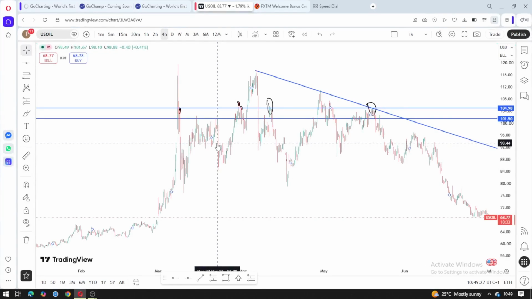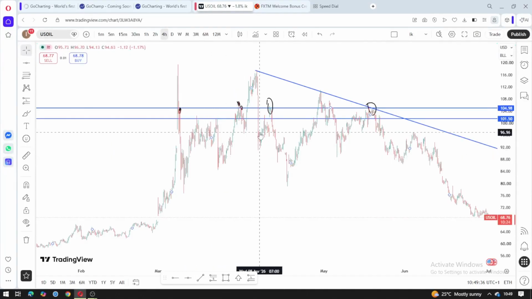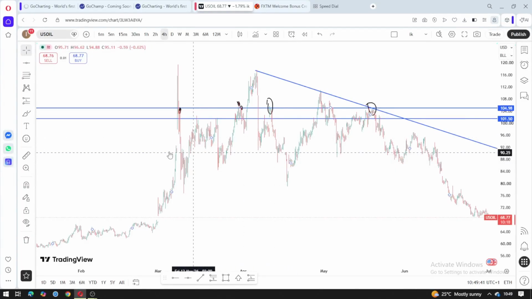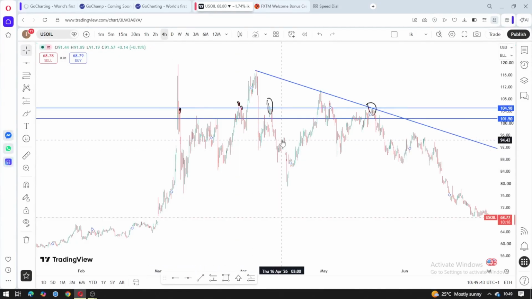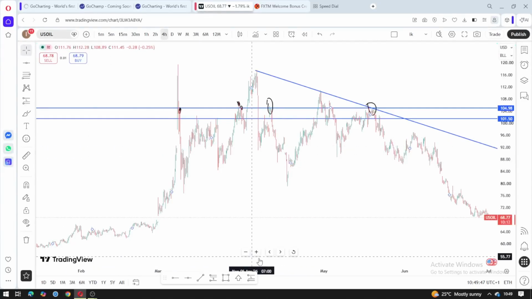Look at this point. Right, so this basically is taking this point. You see this point here. Let me zoom in.